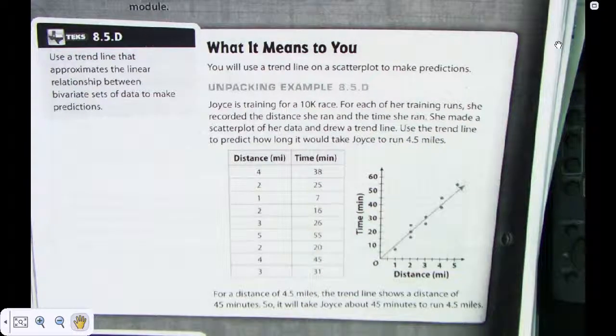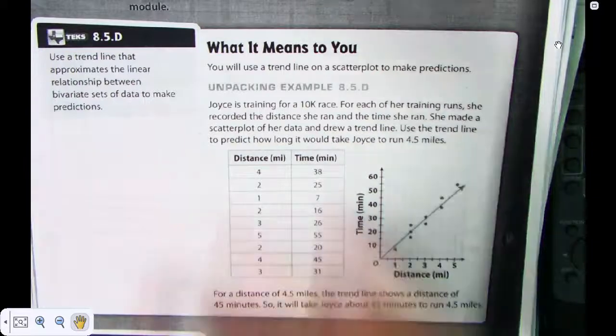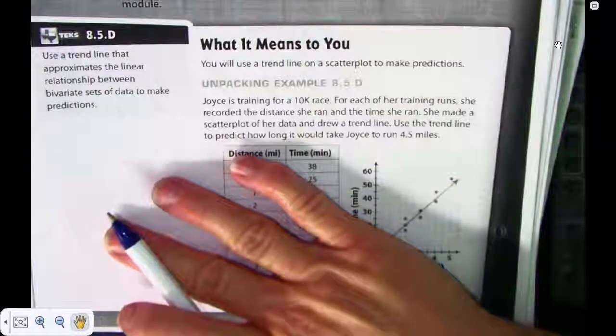And I'm 57. So no pets. We have different ages, you see? So how old you are has nothing to do with how many pets you own. So there's no relationship between the two. But we're going to see some graphs in here where there is a relationship between the two.